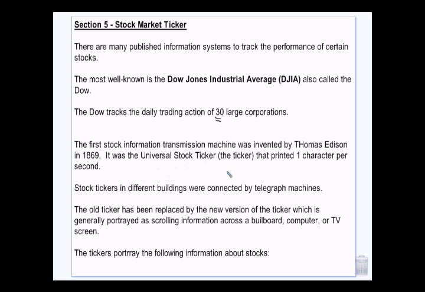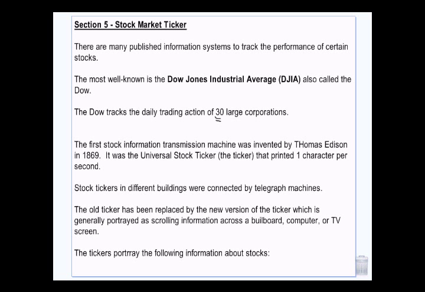Okay, Thomas Edison invented the first stock tracking machine. It was the universal stock ticker, and it printed 1 character per second. People had to sit there and read the tape.